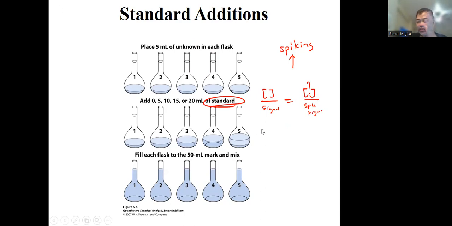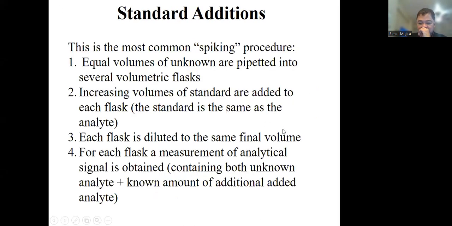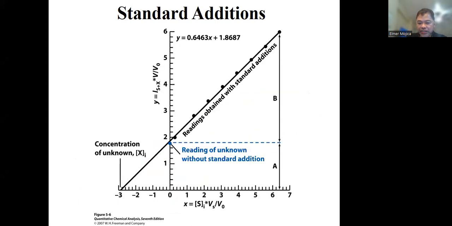If you have a calibration curve type where you use different concentrations, you will have it like this. When you have the reading of the unknown without the standard addition, you set it there. So your y is whatever reading you see, and then you match what its x is to get the concentration of the unknown.